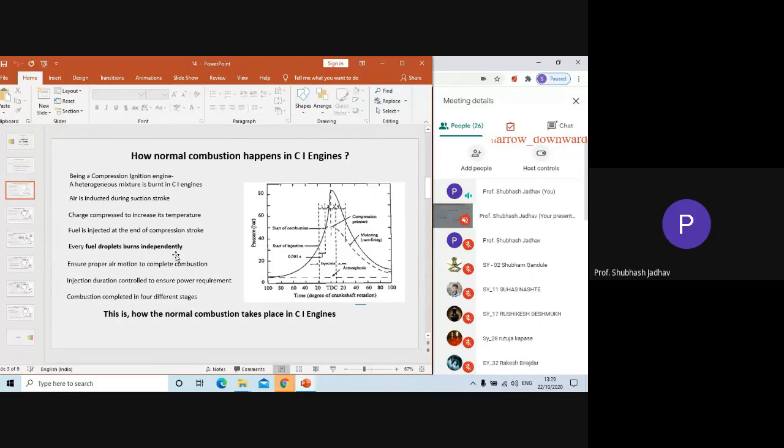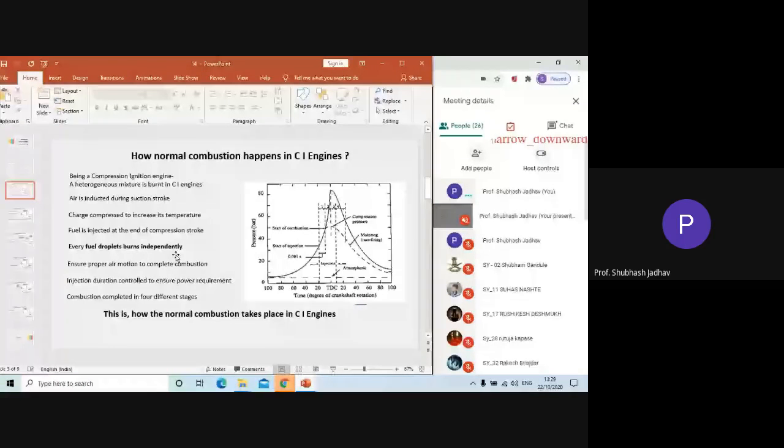Here every droplet is burning independently. In one corner one droplet may burn, in another corner another droplet may burn. There is no uniformity in the burning. Any droplet may burn at any time; some may burn early, some may burn late.